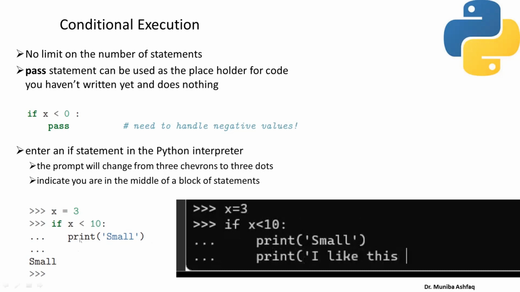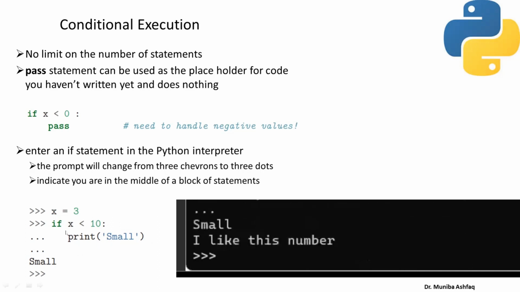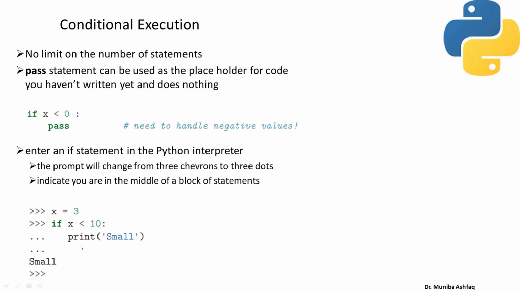If you want only this one statement to be executed, then it's okay, you just have to leave this space empty. Don't write any other statement here, otherwise you are going to get an error at this point.